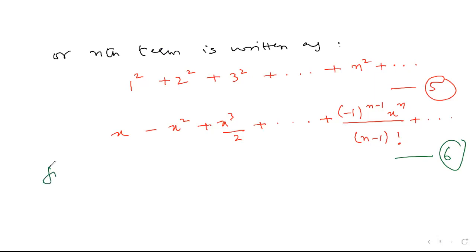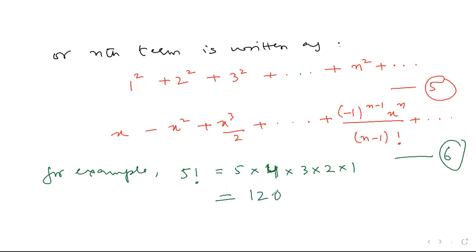For example, you know these things, still I am refreshing your ideas. 5 factorial means 5 into 4 into 3 into 2 into 1, the product of the first 5 natural numbers, which is 120, right?